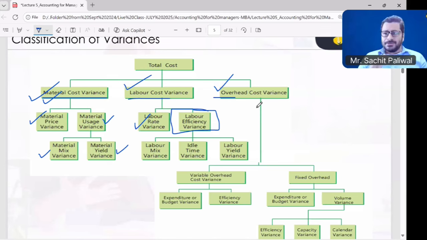This difference is unfavorable. The same thing happens in companies when they decide the cost of an activity they are going to do; they predict the cost. But in their case, if they cross the standard, it is not good. Suppose I'm going to manufacture a mobile and its cost would be 100 rupees.